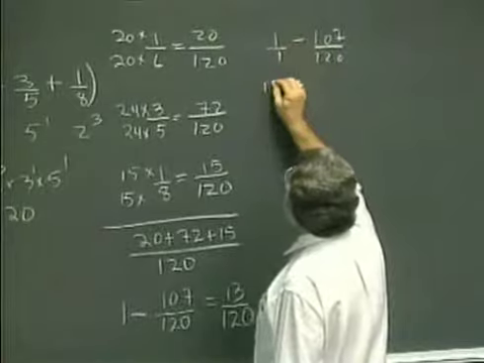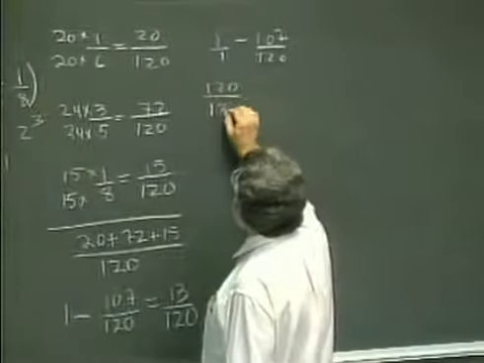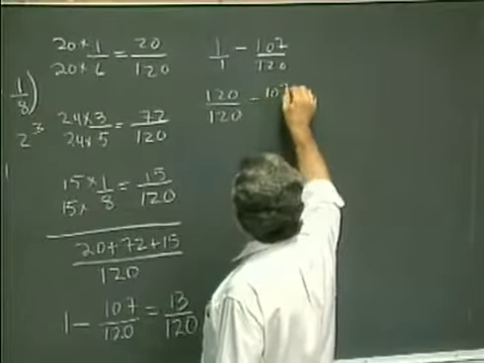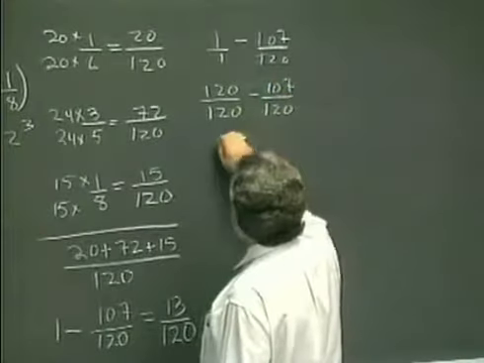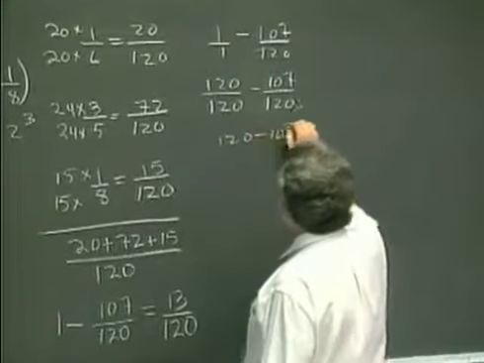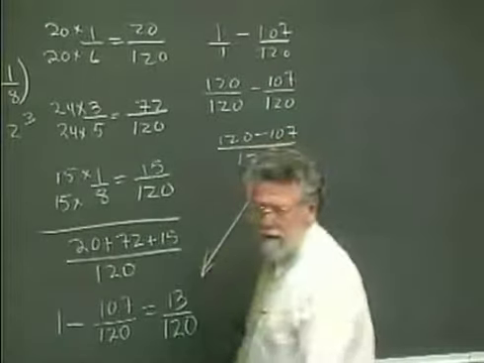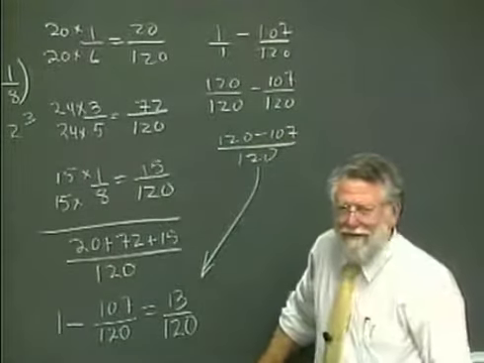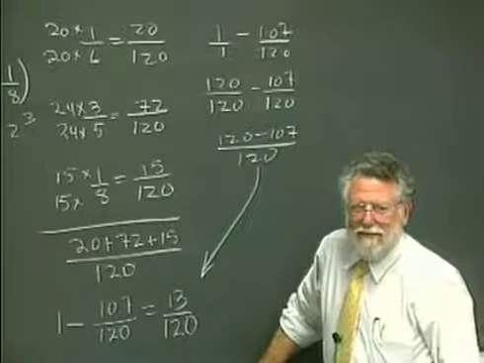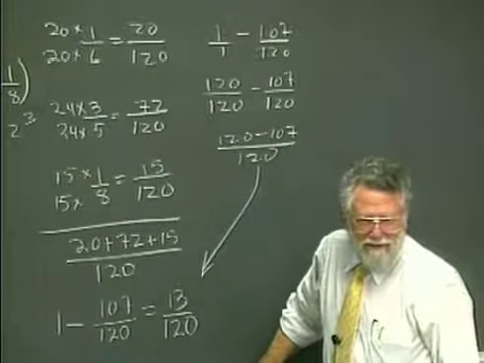And this is 1 over 1, which is 120 over 120. Minus 107 over 120, which is 120 minus 107 over 120. Thank you. We got it?